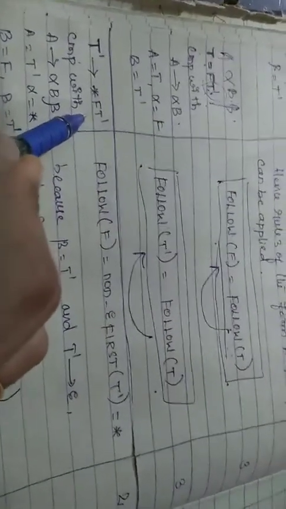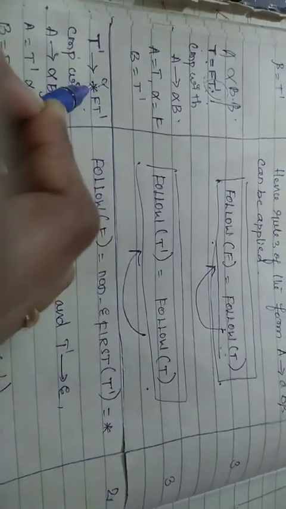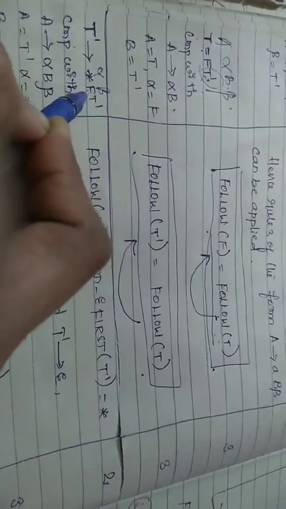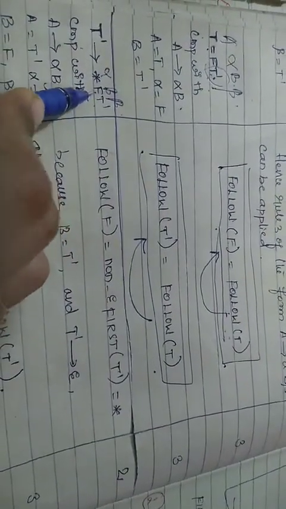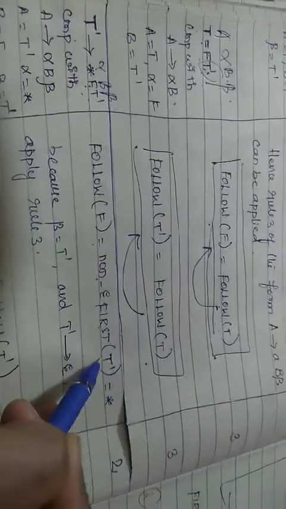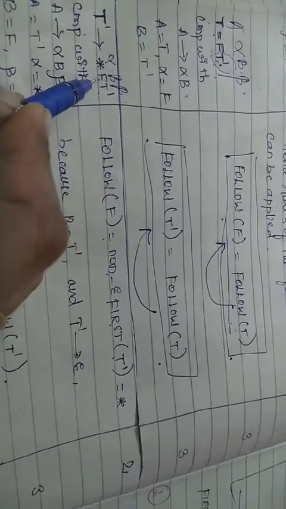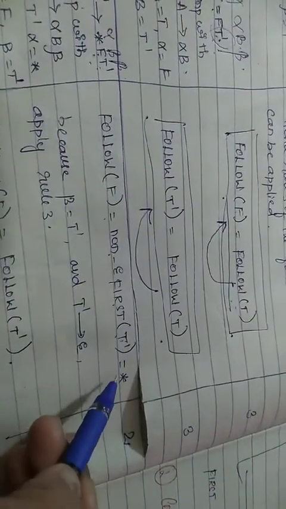Now, T dash gives star F T dash. Same thing. Now what is alpha? Alpha is star. B is your F. Then beta. Alpha, B, beta. So follow of B equals non-epsilon of first of beta. So follow of F equals non-epsilon of first of T dash. What is there non-epsilon? Star.